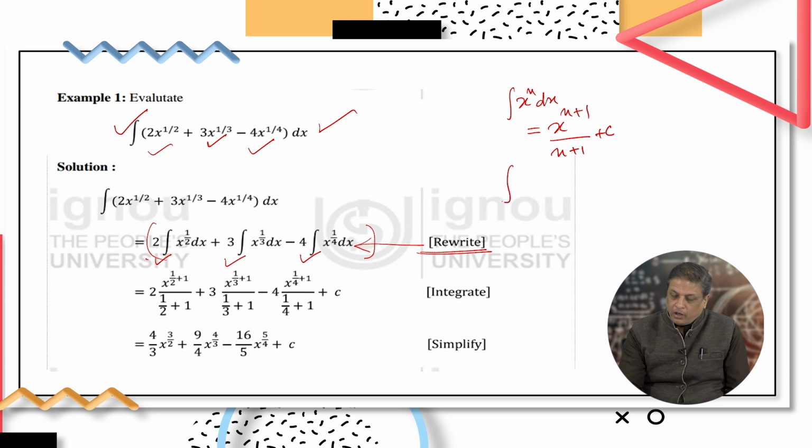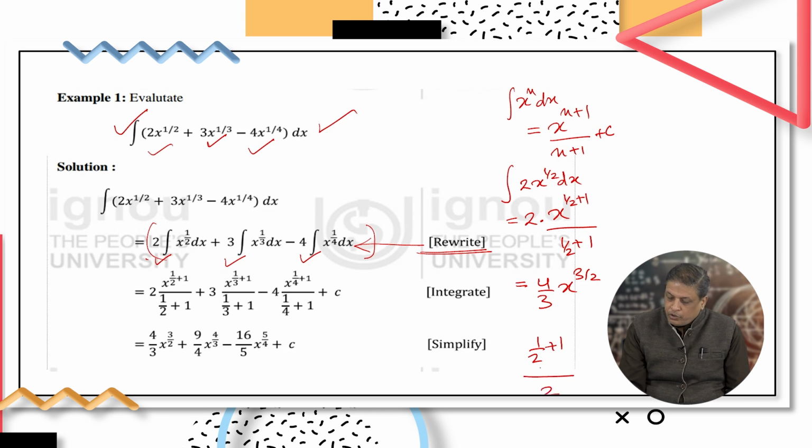So integral of x to the power 1 by 2 dx will turn out to be 2 into x to the power 1 by 2 plus 1 upon 1 by 2 plus 1. That means it turns out to be 4 by 3 x to the power 3 by 2, because 1 by 2 plus 1 is nothing but 2 into 1 plus 2, that is equal to 3 by 2. So this is the answer for the first integral.